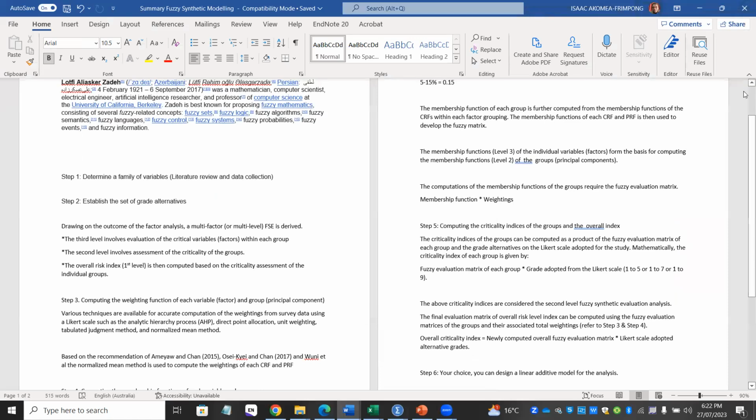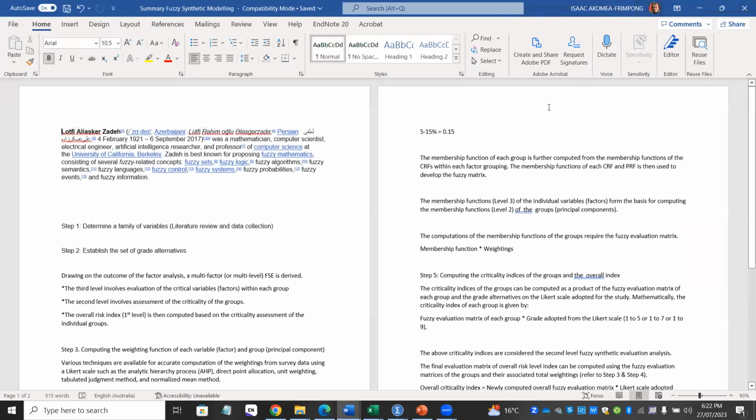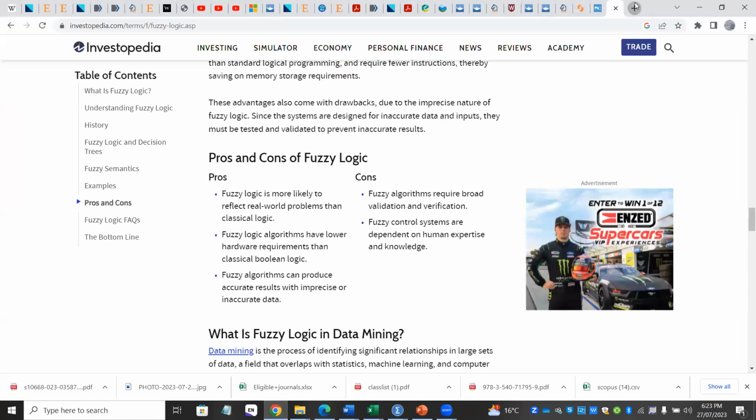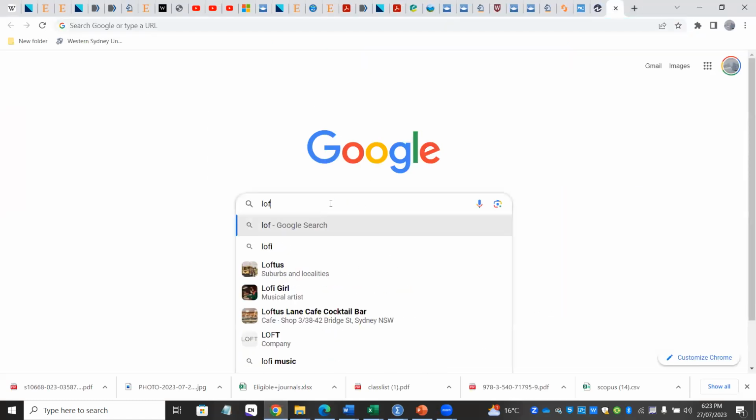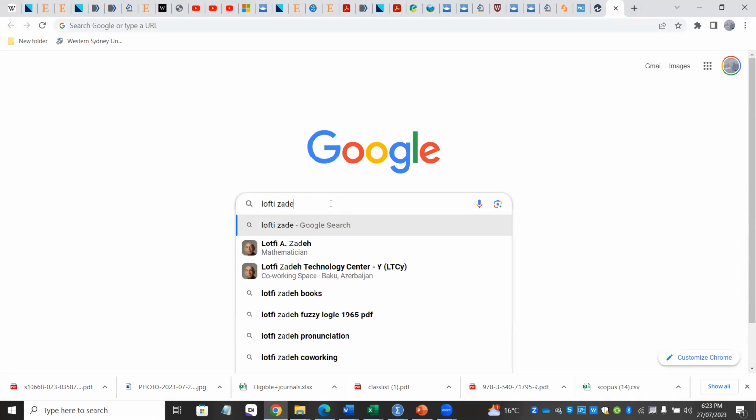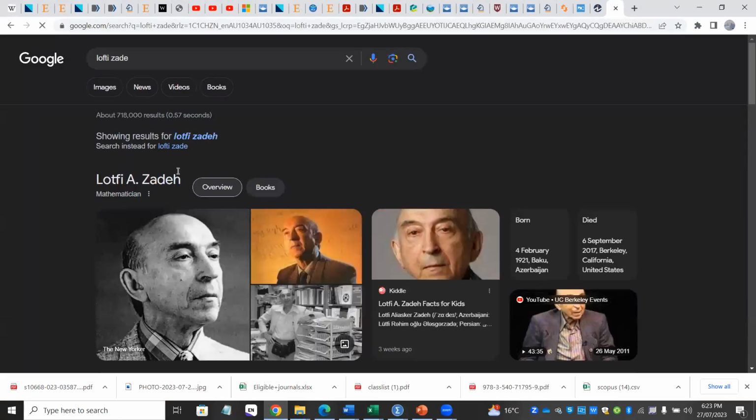Fuzzy was, I would use the word invented, or from a theoretical point of view, we use the word propounded by Lotfi Aliasker Zadeh.